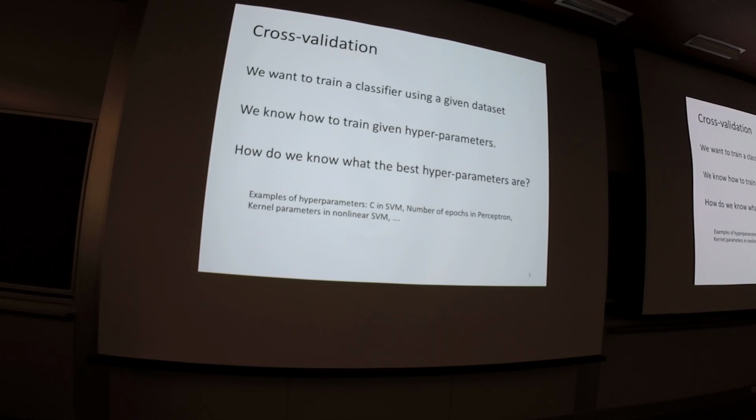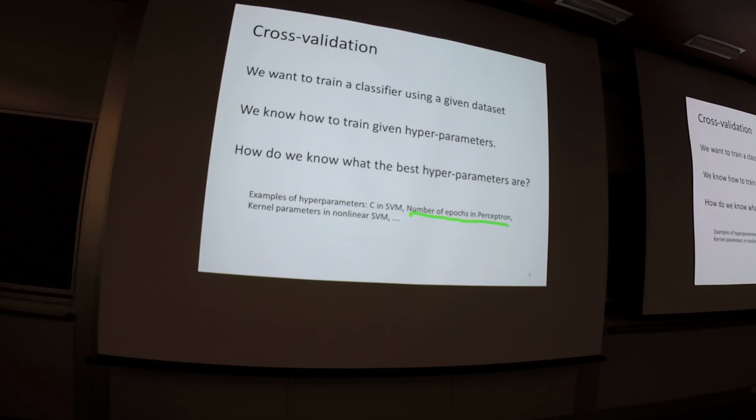For example, one hyperparameter for the perceptron could be the number of epochs. The number of epochs does not appear in your perceptron loss. We have shown that perceptron loss is essentially a maximum function of 0 and minus some product. It does not appear there. How do you optimize it?